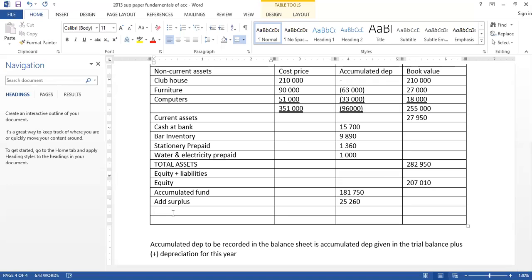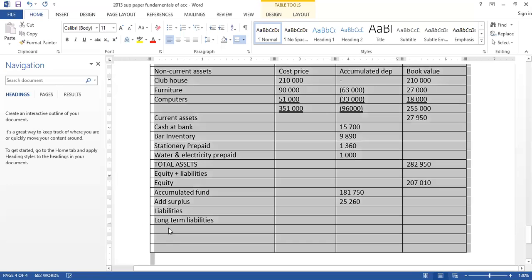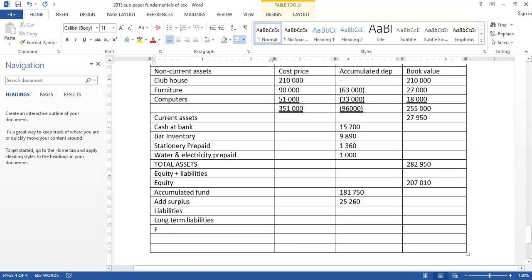So from there we have liabilities. Firstly, we start off with our long-term liabilities. Under long-term liabilities, we have the FNB bond.